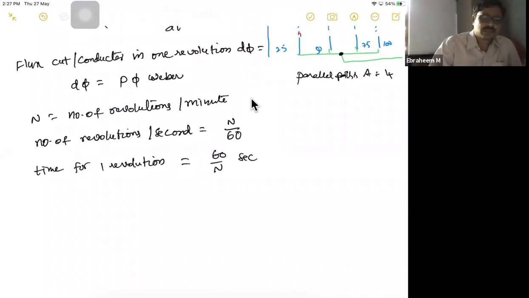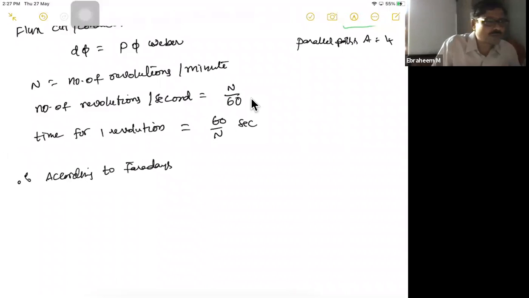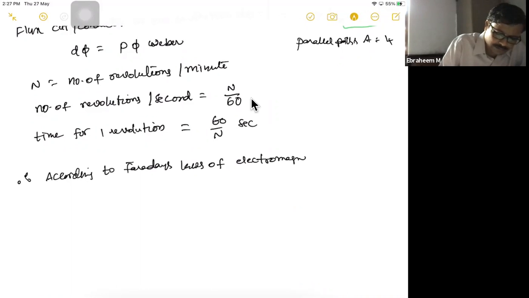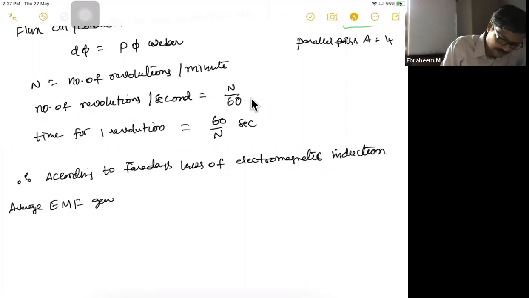Therefore, according to Faraday's laws of electromagnetic induction, the EMF generated per conductor, average EMF generated per conductor, is equal to d phi by dt.